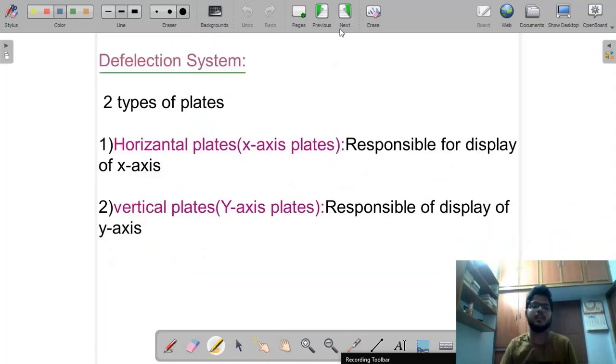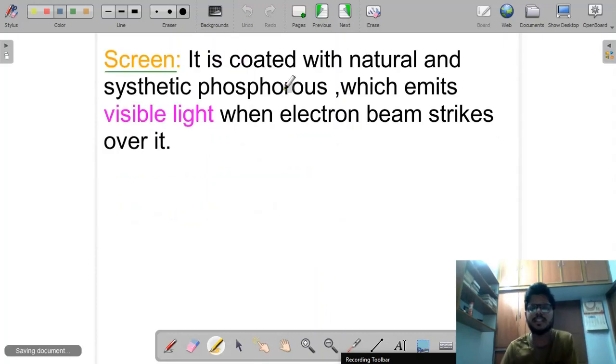Next, the deflection system. I have said the horizontal deflection system is responsible for the x-axis plates, and for the y-axis we use vertical deflection systems. Okay, the screen. In general our screen is made of phosphorus.